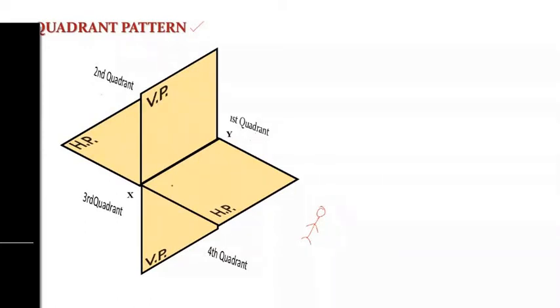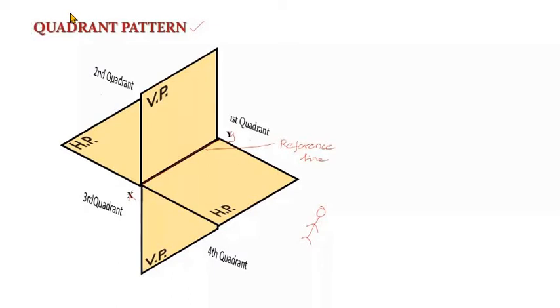When you intersect two planes, you will get an intersection line, something like this, which is termed XY. This particular line is called a reference line. The intersection of the vertical plane and the horizontal plane is called the reference line.